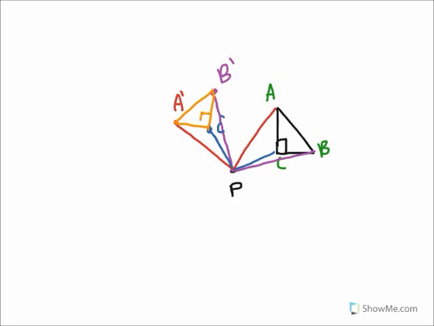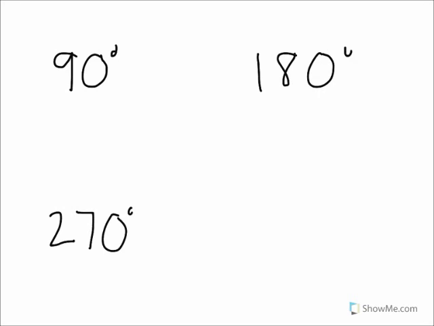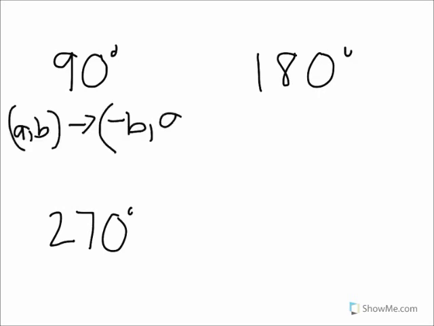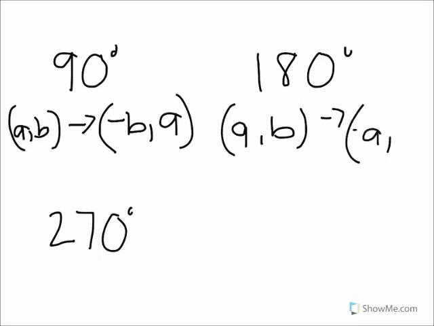This is your triangle. For the next part of the lesson, we will learn the coordinate rules for rotating an object about the origin: 90, 180, and 270. For 90 degrees, the coordinate notation that you would use is (a, b) becomes negative b, a. For 180 degrees, you would make it negative a and negative b.